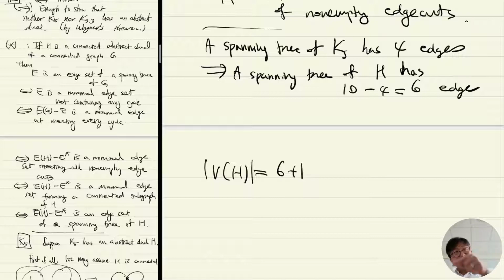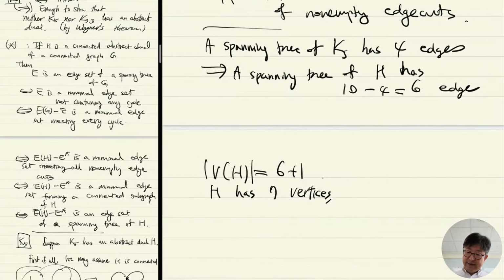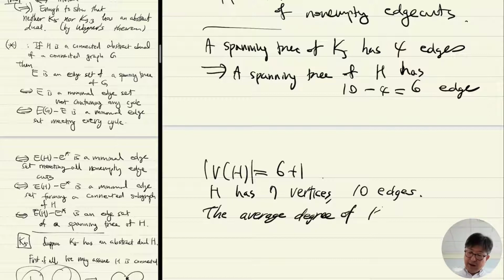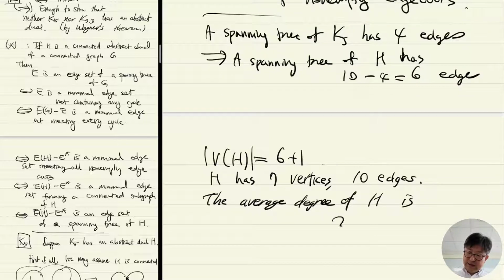If a spanning tree has 6 edges, then the graph has 7 vertices. So H has 7 vertices and 10 edges. So the average degree of H is 2 times 10 over 7, which is less than 3.